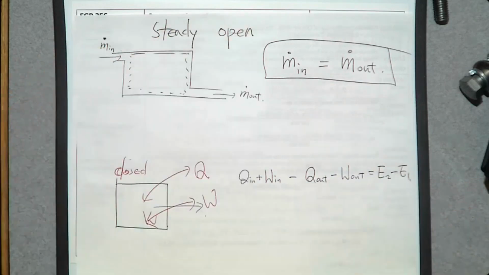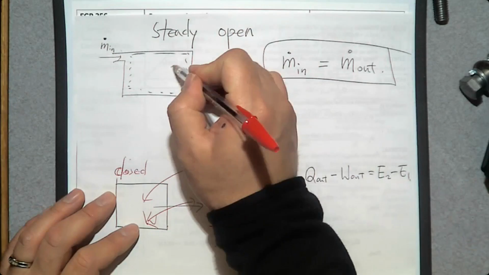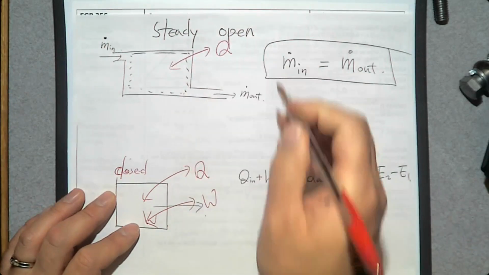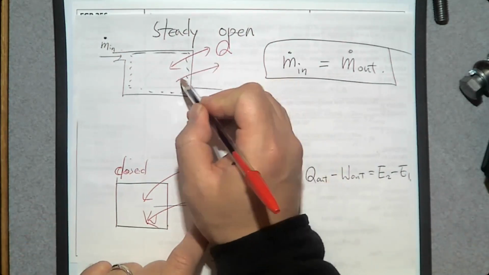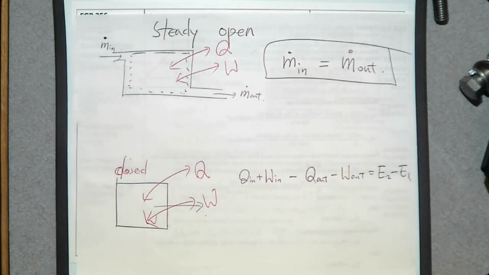What about an open system? We may have heat transfer Q. We may have energy transfer by work W. What else? The energy of the mass entering the system, right? When you eat something, it has calories, right?